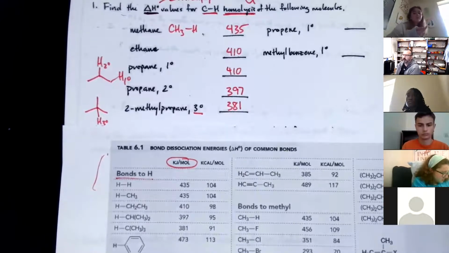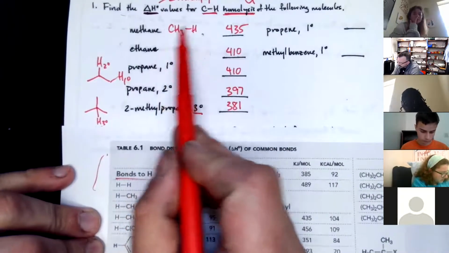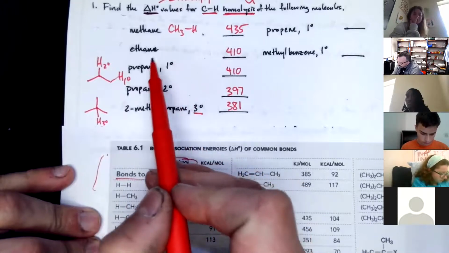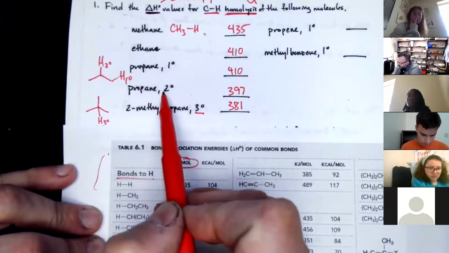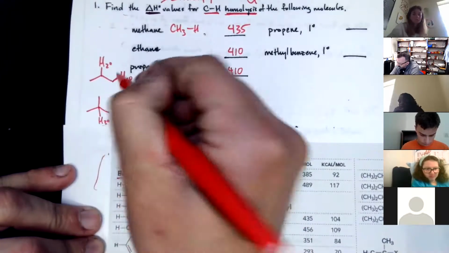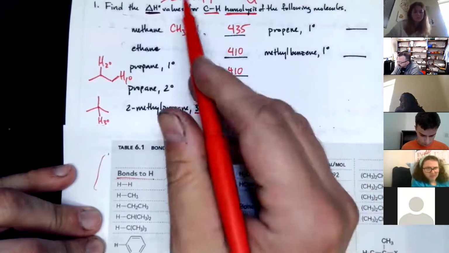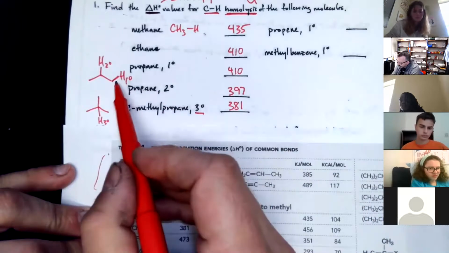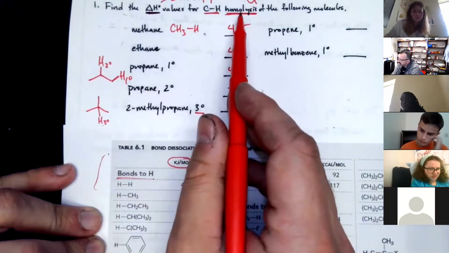So Max says the delta H values get smaller as you increase the number of carbons. Yeah, basically methane to ethane. And if we look here, primary versus secondary, what this number is telling you, remember what enthalpy means and what this homolysis means.